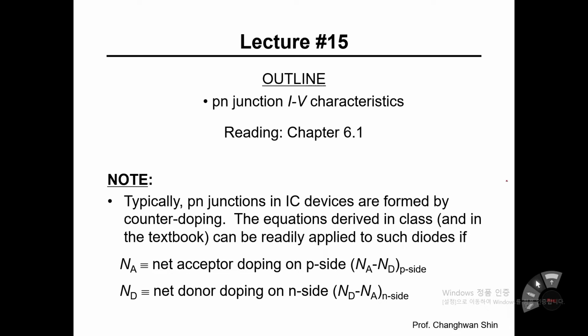Okay, and the equations derived in this class, as well as in the textbook, can be readily applied to such diodes if N_A indicates the net acceptor doping concentration on the P side.